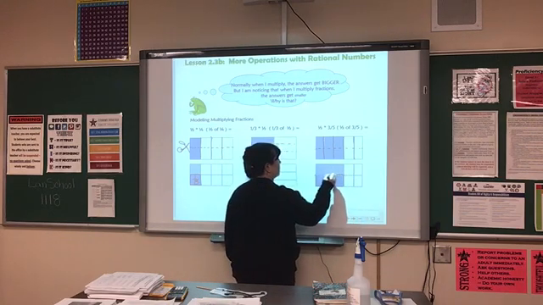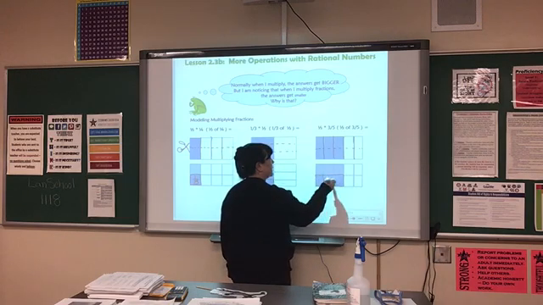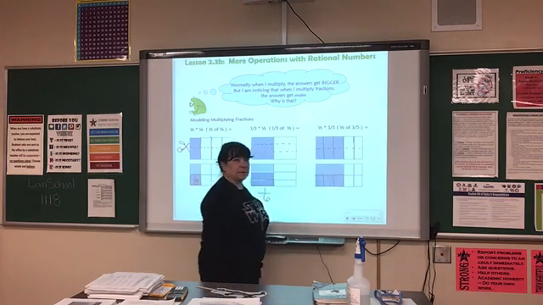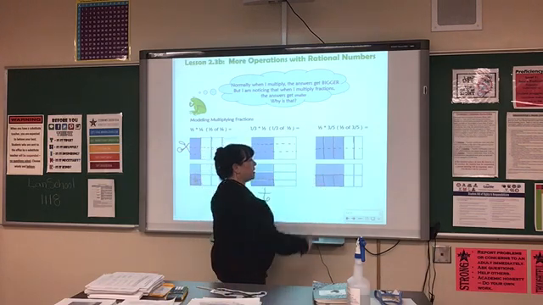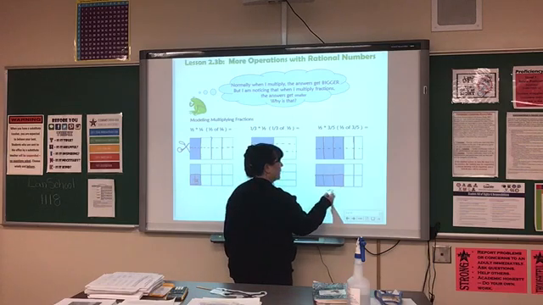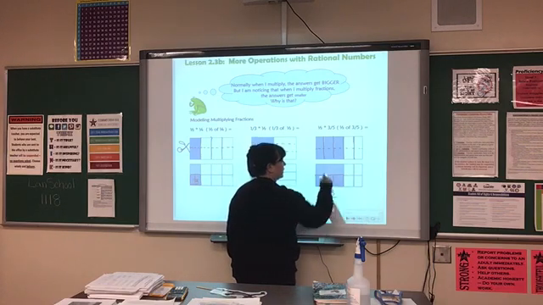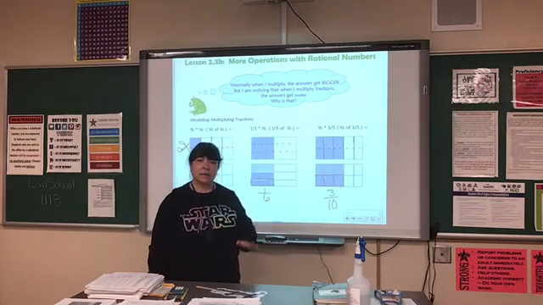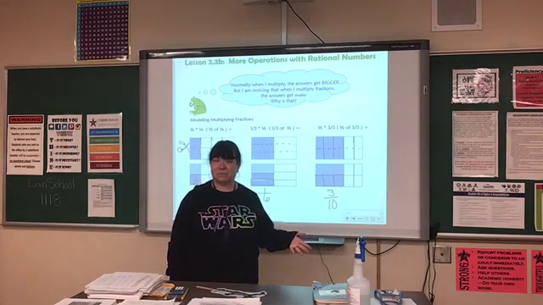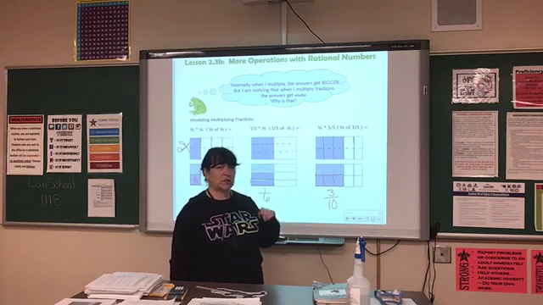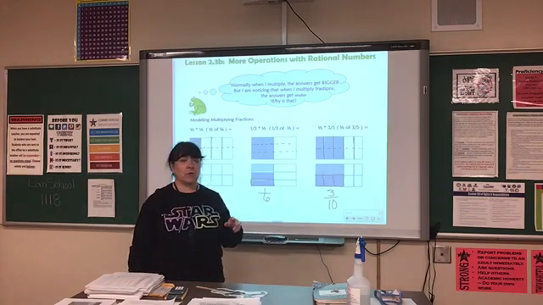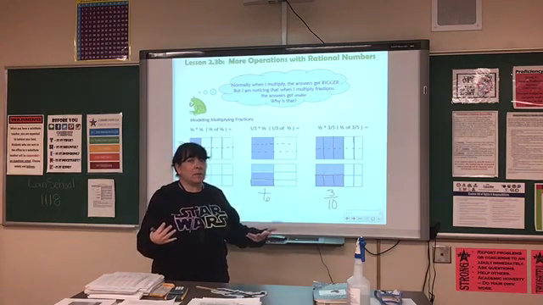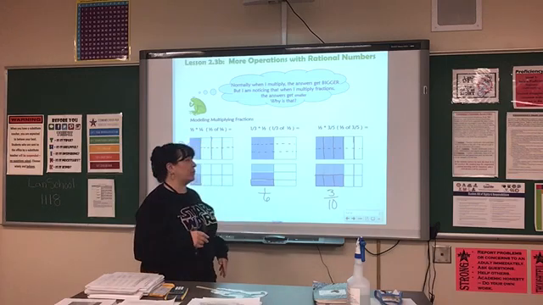I cut my 3/5 in half, but those are still already sliced, which means now I have 3 out of 10 sections. That should be what you did in 4th grade. And if you remember it, yay. If you don't remember it, maybe this is a good little refresher.